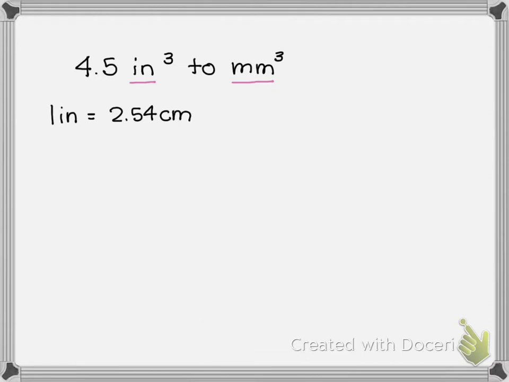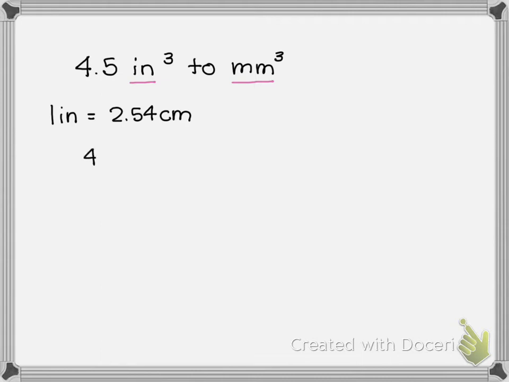While that doesn't get me directly into millimeters, it would get me closer, so I could go to centimeters. Why don't we do that first step, and then we'll think about how we would do the next step.